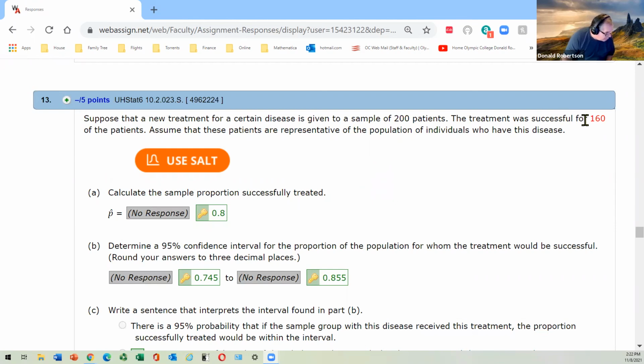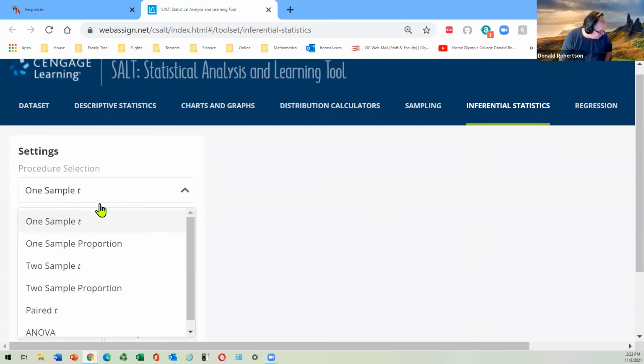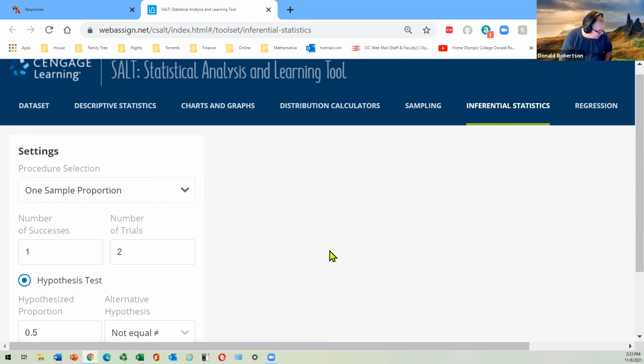Now sample proportion, you could do without SALT, but essentially it's 160 out of 200, and if you divide them, you get 0.8. Right, let's find the 95% confidence interval, because that's what you really want to know. You hit use SALT, and then you make sure you are on a one sample proportion, which is that one.